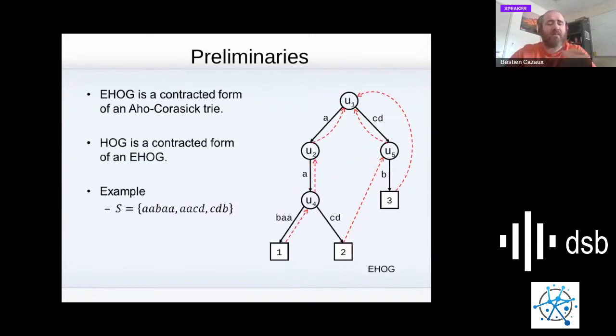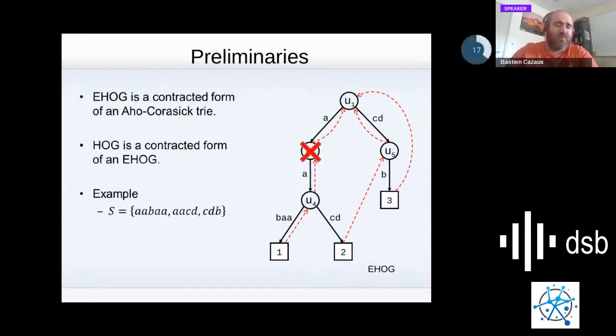And now, if you keep only the nodes which are in O of P and not only in O plus of P. So, for example, U2 is not a good overlap because it corresponds to the overlap between AABAA here and AACD with just A, which is not the maximal overlap because you can take AA, so we want to remove it.